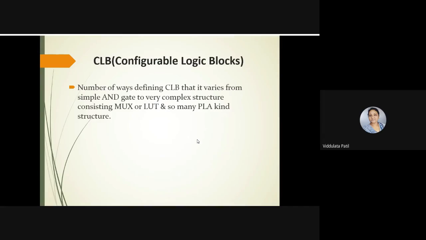Then the configurable logic block, that is a CLB, that is present in an FPGA. There are a number of ways of defining a CLB; it varies from a simple AND gate to a very complex structure which consists of MUX or LUT, that is a lookup table, or even a PLA kind of structure. So that will be present in a logic block.